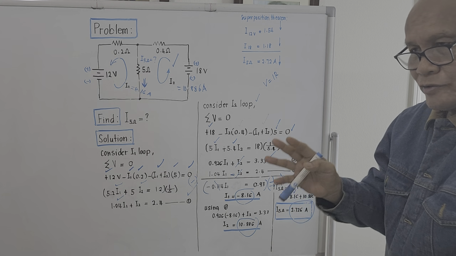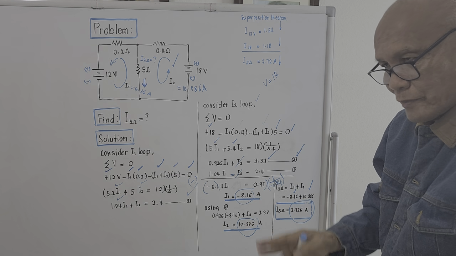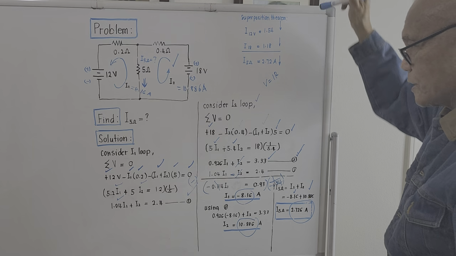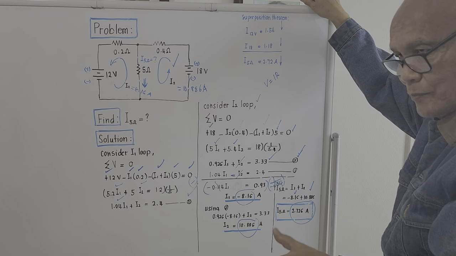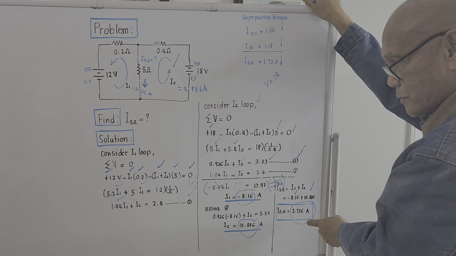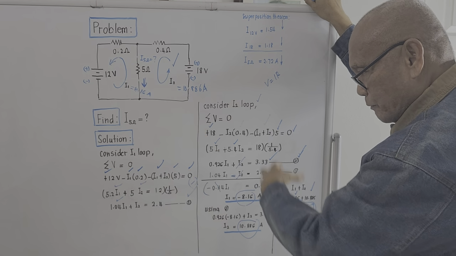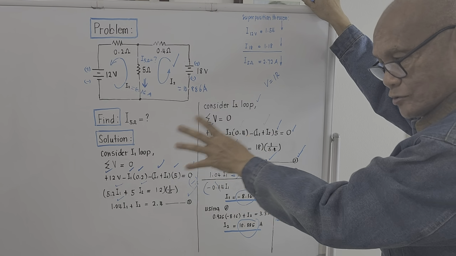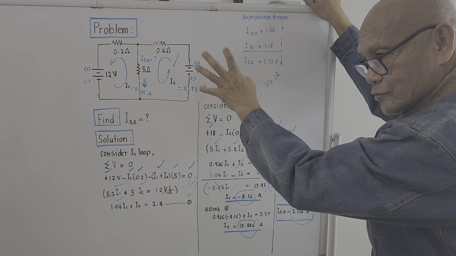A while ago, I checked my solution by using superposition theorem. Superposition is like this, as a brief summary, because we will be checking if this is correct or not. We might have made some mistakes on the simplification, but I assure you that the solution was correct because I solved this one by using superposition.